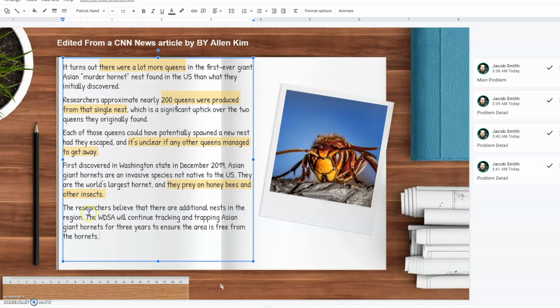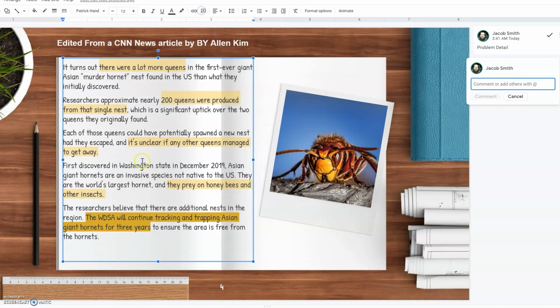So it's that the WDSA will continue tracking and trapping Asian giant hornets for 3 years. It's not really why. That part is not actually solution, this is just more problem. So this is the piece of the solution that really tells us what is going on.